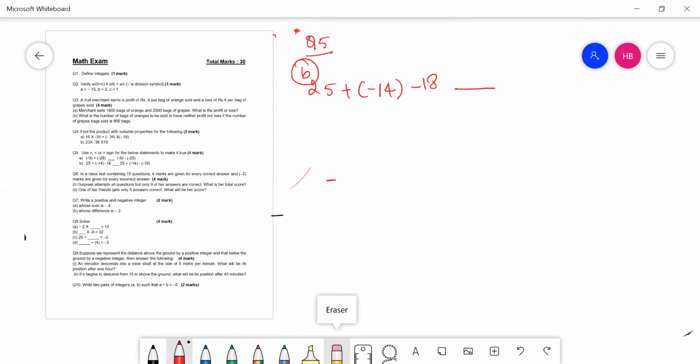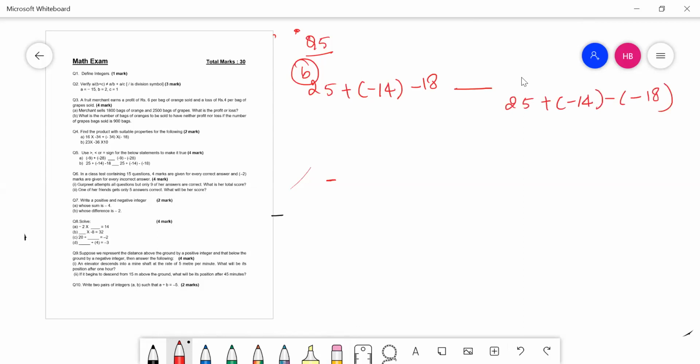Then there is a dash, and the other part is 25 plus minus 14 of minus 18. Okay, these are the two parts of the question, and I have to find which one is greater.